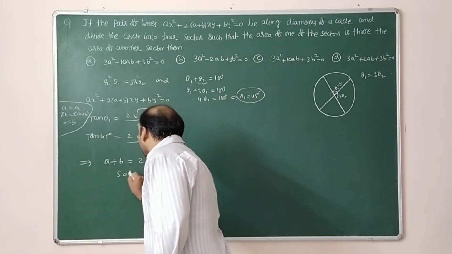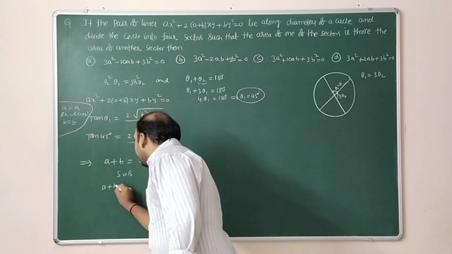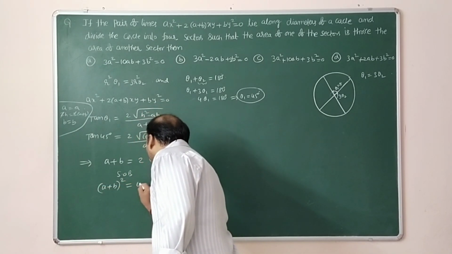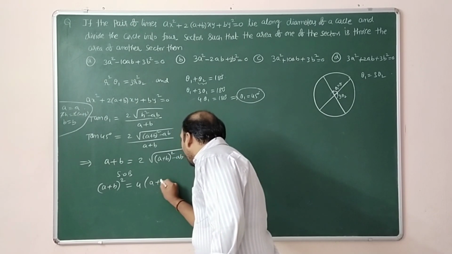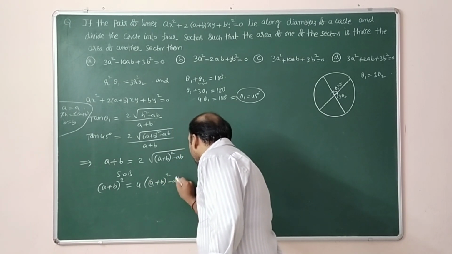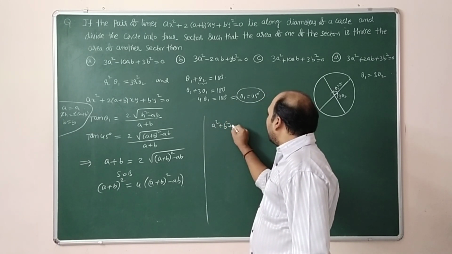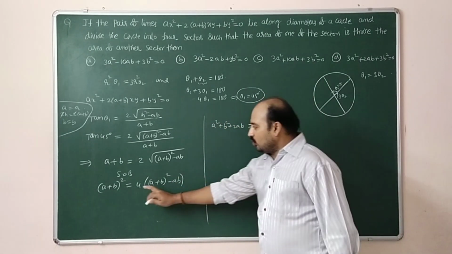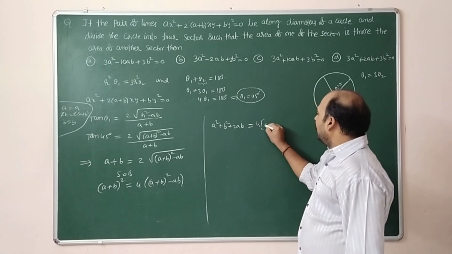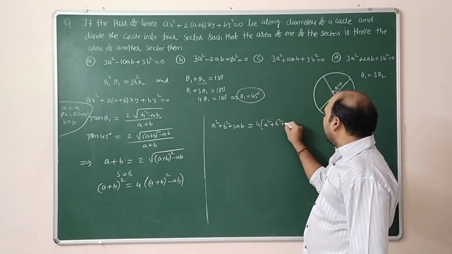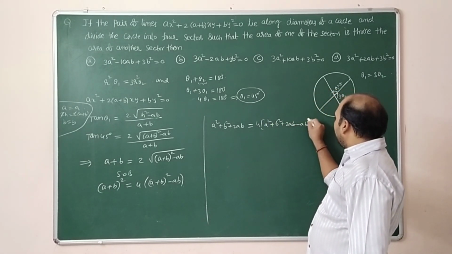Cross multiply, squaring on both sides: a plus b whole square is equal to 4 into a plus b whole square minus ab. Now simplification: a square plus b square plus 2ab is equal to 4 into a square plus b square plus 2ab minus ab.